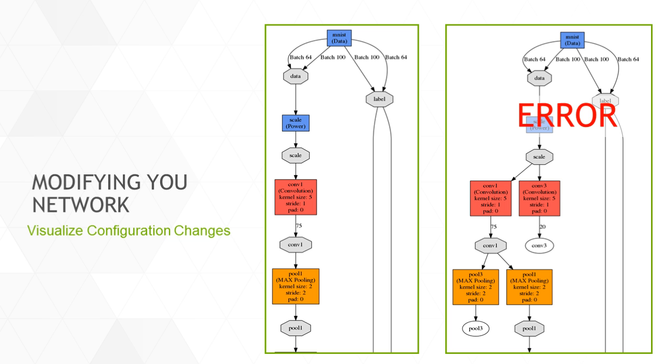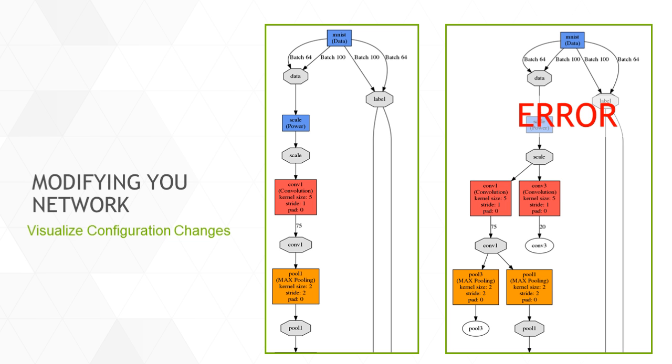And what will happen is Digits won't tell you that there's an error, right? But if you're familiar with what your network looks like and what you want it to look like, then you can say, oh, okay, I made a mistake. So in this case, I created a convolutional layer, and I labeled it conv3, and it's going nowhere, right?